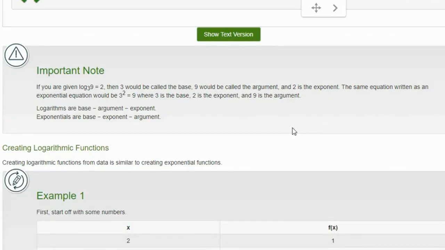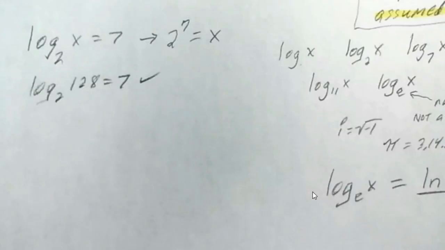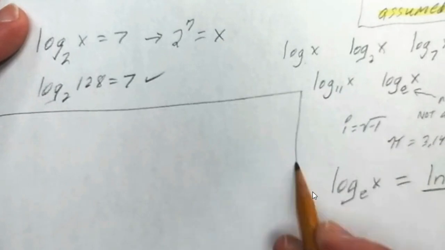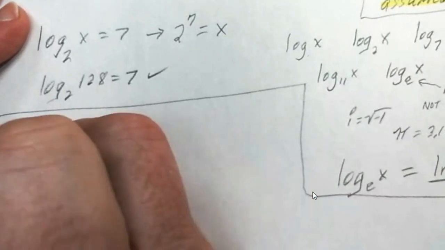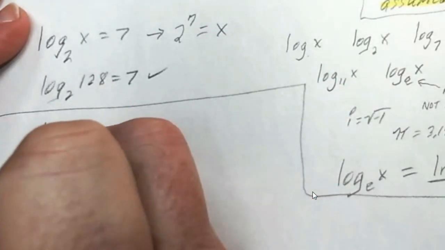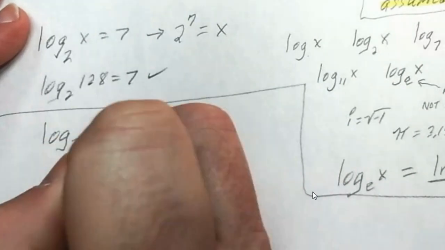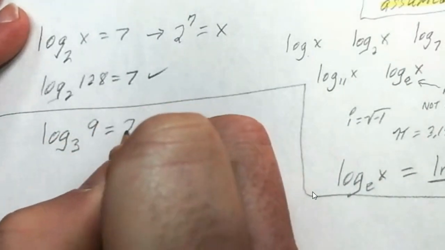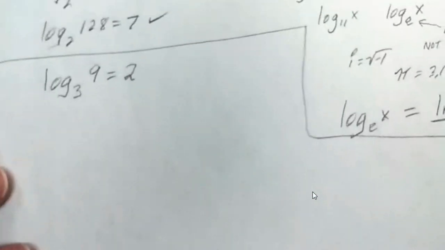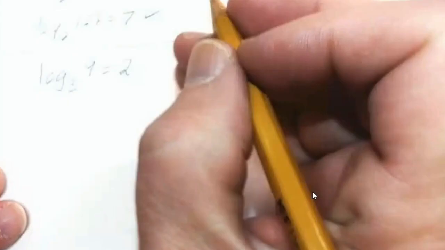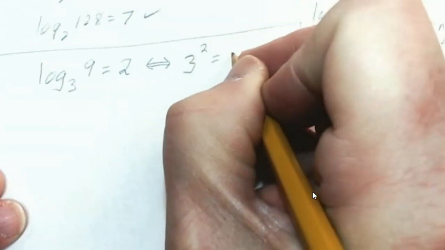So, terminology. Let's look at the terminology here. Put this in our notes. Log base 3 of 9 equals 2. Okay, this is equivalent to 3 squared equals 9.